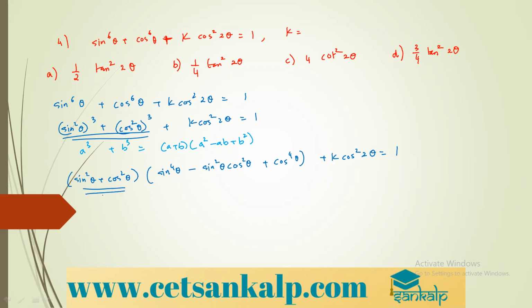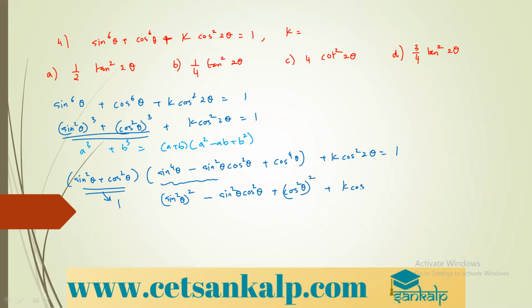Because sine square theta plus cos square theta is 1, directly I can write the left of ones. How will I write this? I have to take sine power 4 theta, so I will write sine square theta whole square minus sine square theta cos square theta plus cos square theta whole square.